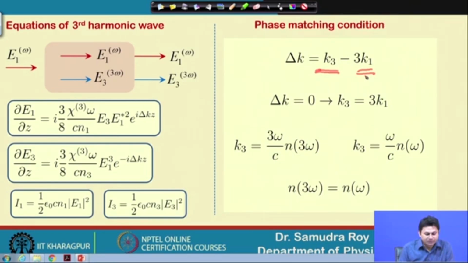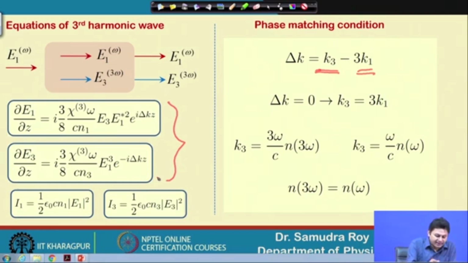Inside the medium where we have the third order effect, E1 with frequency omega and E3 with frequency 3 omega are going to be present, and there will be differential equations that govern the evolution of these two waves. These are the two differential equations, which are coupled to each other as usual, and they basically govern how E1 and E3 will evolve.